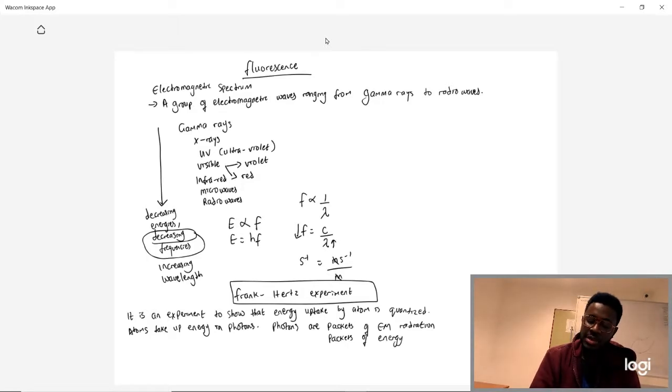So the energy uptake is not continuous, right? That's the Franck-Hertz experiment.